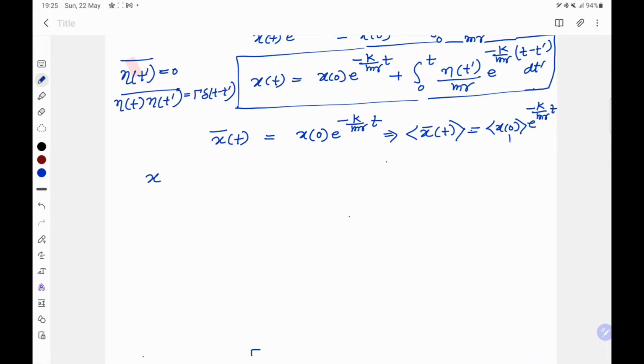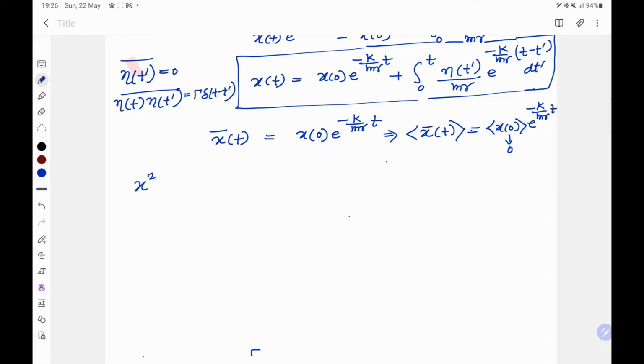Again this will be 0. And one more thing is that we are considering that the whole thing is again in thermal equilibrium. Let me do the next step, then I will explain.